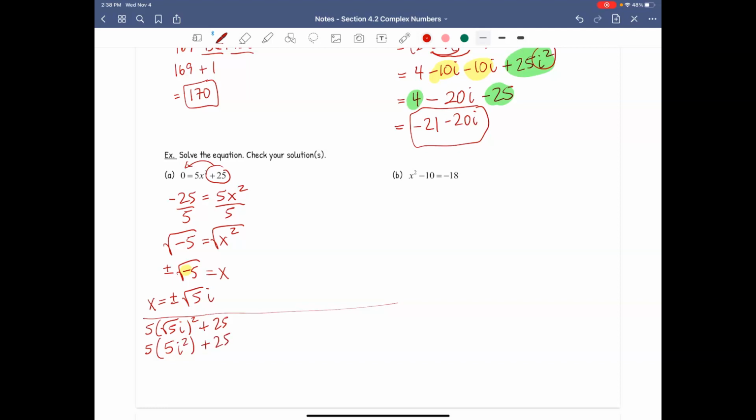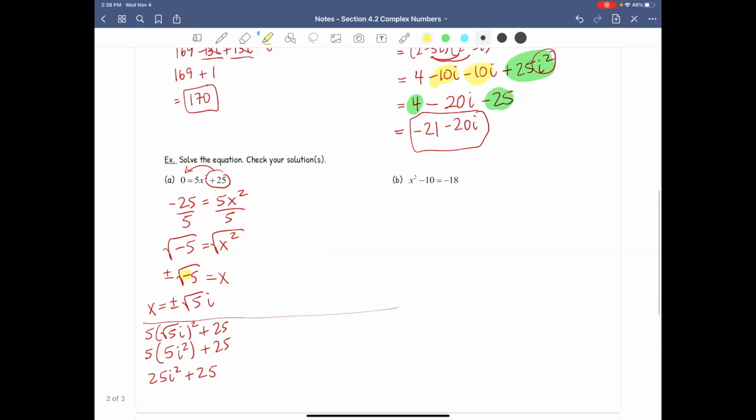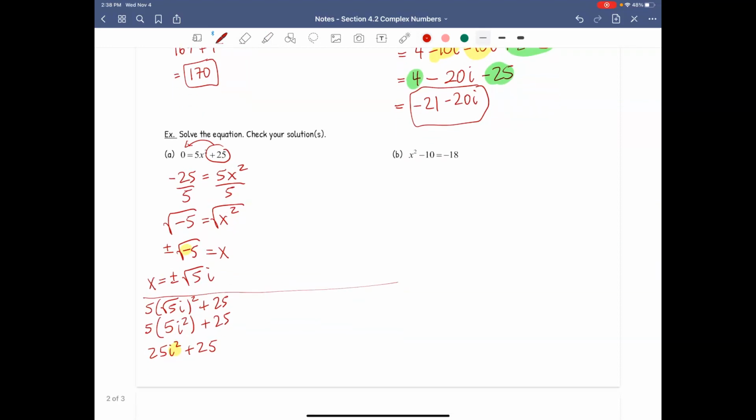Now, when we multiply 5 times 5i squared, we can multiply the 5's together in order to get 25i squared plus 25. And now we remember that i squared in this case is equal to negative 1. And so that's going to turn that term into a negative 25 plus a 25 is equal to 0.